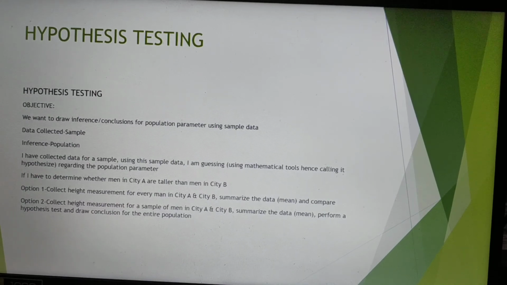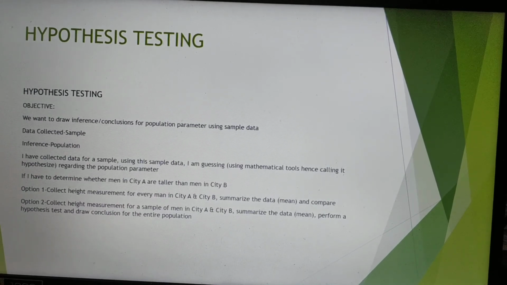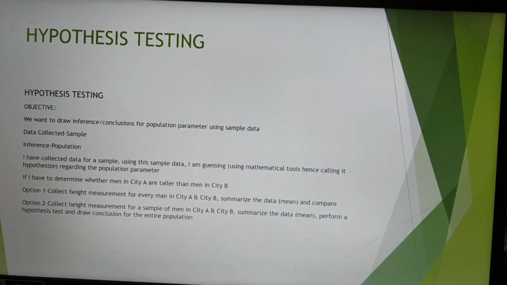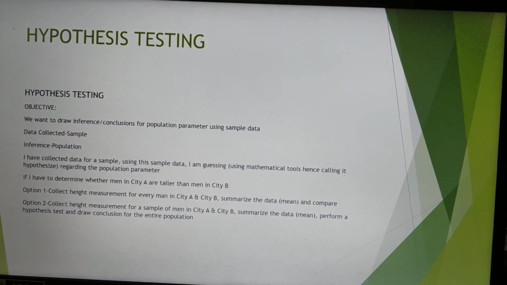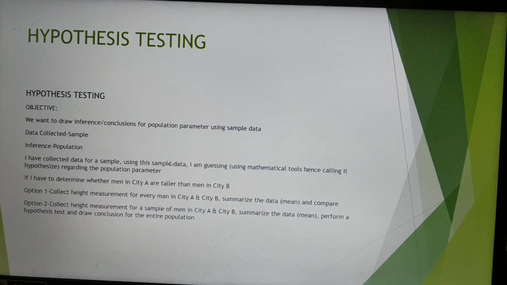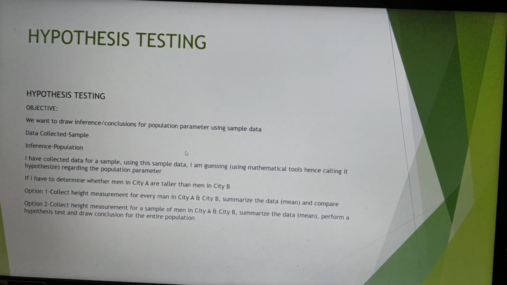For example, if I have to determine whether men in city A are taller than men in city B, what are my options? The first option is to collect height measurements for every man in city A and city B, summarize the data, that is, compare the means. My second option would be to go for a sample.